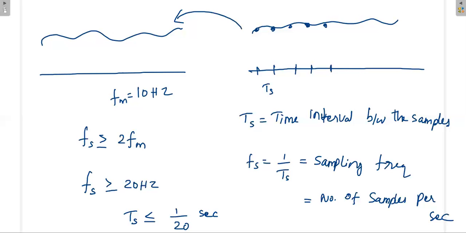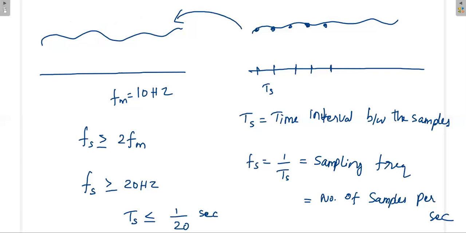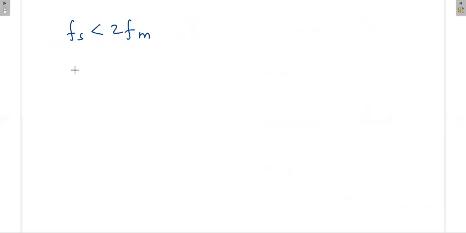So what will happen? Suppose Fs is less than 2 Fm, or otherwise Ts is greater than 1 by 2 Fm, then distortion will occur.